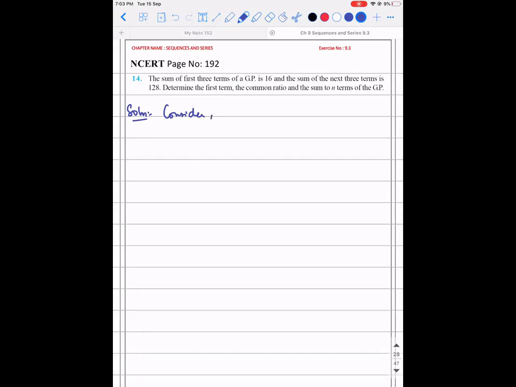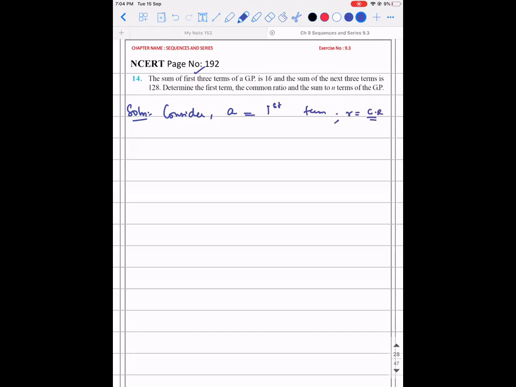Consider A as the first term, R common ratio.